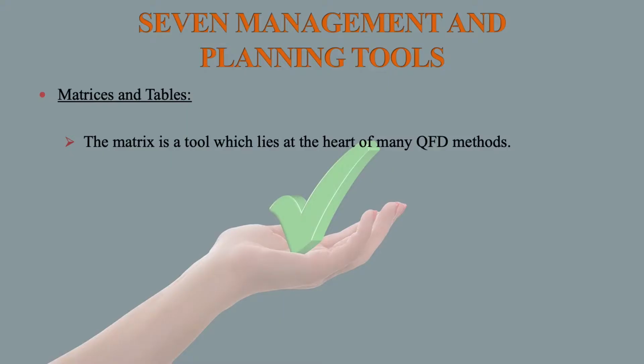In the 7 management and planning tools, the third one is matrices and tables. The matrix is a tool which lies at the heart of many quality function deployment methods.